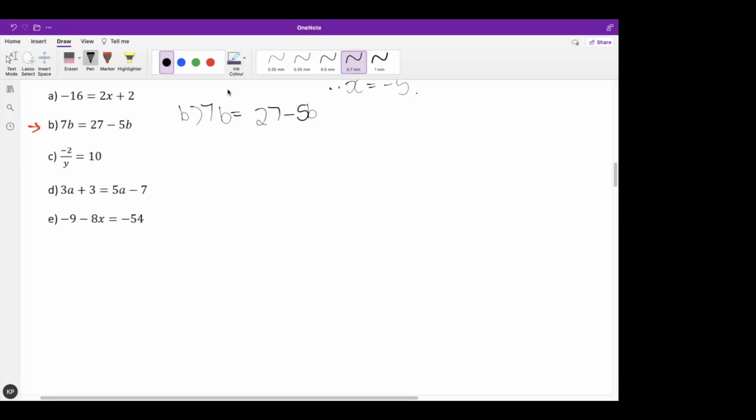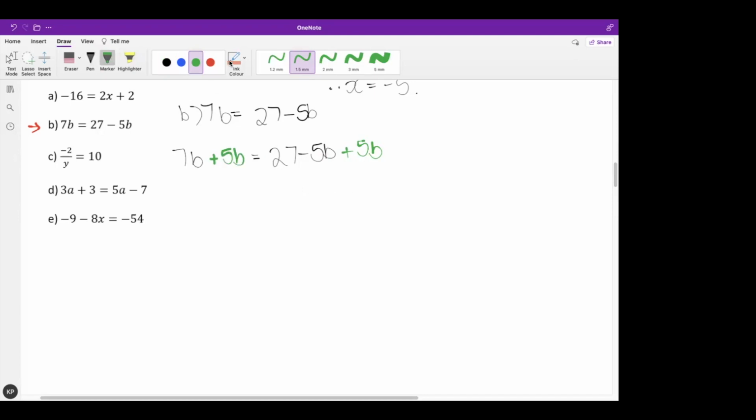So then I want negative 5B to be over on the other side. To get rid of it on the right-hand side, what do I have to do? Nice, plus 5B. Nice, Mhlali. That means it is now successfully on the left-hand side, because I'm going to say plus 5B.